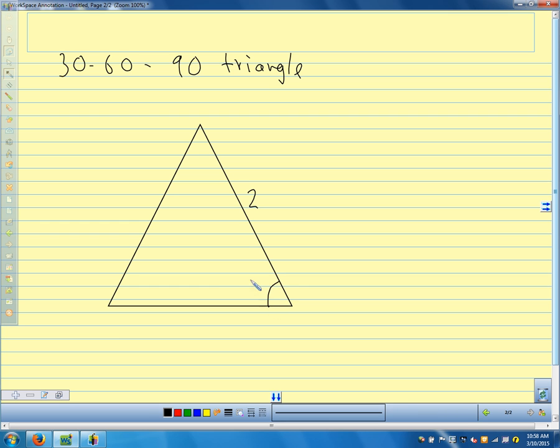So this angle is going to be 60 degrees. Now what I'm going to do with this equilateral triangle is cut it in half. And I'm going to make that a 90-degree angle there. Well, if I make this a 90-degree angle here, what does that do to this angle up here? Cuts it in half, right? There's a 30-60-90 triangle. A 30-60-90 triangle is half an equilateral triangle.